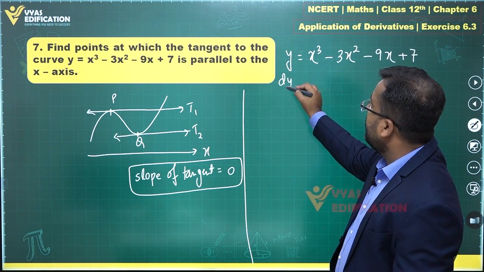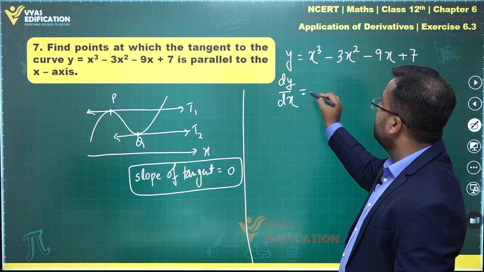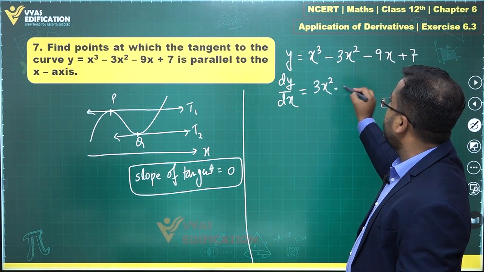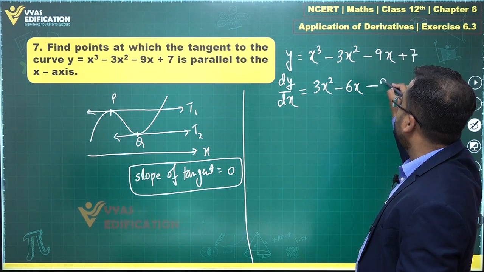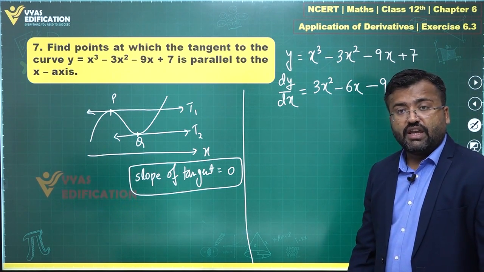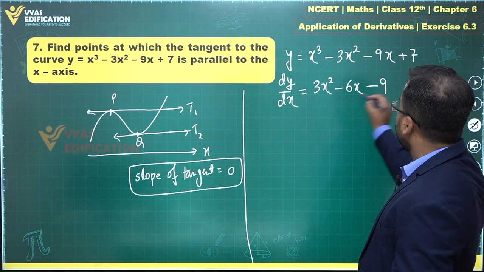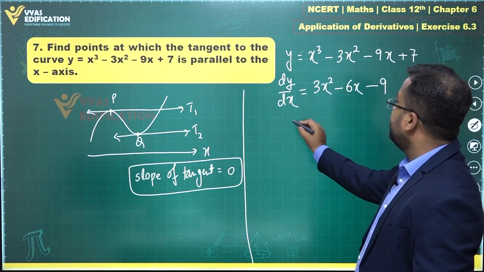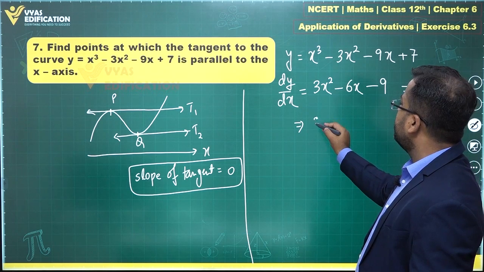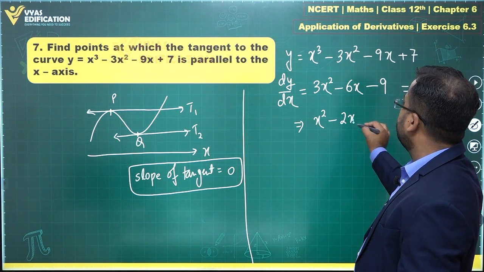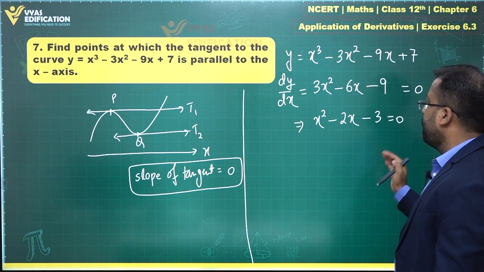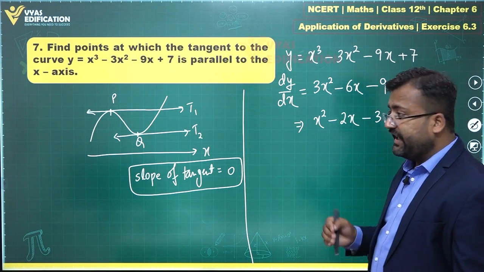This is x power 3 minus 3x square minus 9x plus 7. This is what you have, right? So dy by dx is equal to 3x square minus 6x minus 9. Okay, and what are we interested in? We are interested in slope of tangent equals 0. Let's equate it to 0, and dividing by 3, this becomes x square minus 2x minus 3 equals 0. Can we factorize this quadratic? Yes.